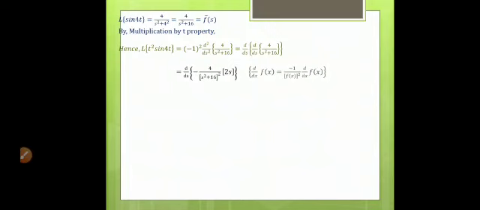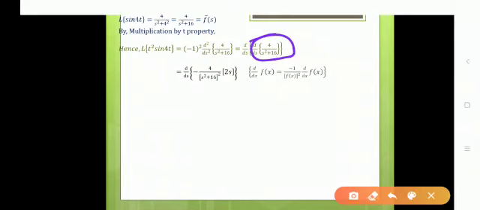So again we have to differentiate the term. Here the function is in the form 1 upon f of x. 1 upon f of x, the derivative is minus 1 upon f of x square times d by dx of f of x. Then we get this result.